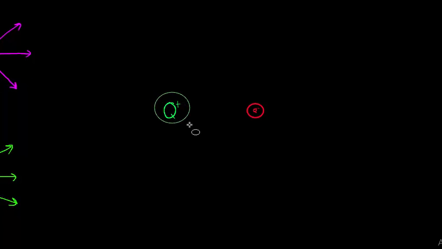And now finally I want to show you attractive forces between two charges. So we've got, let's say, a large positive charge and a small negative charge. In other words, the force exerted by this small negative charge is obviously much smaller than the force exerted by this positive charge.